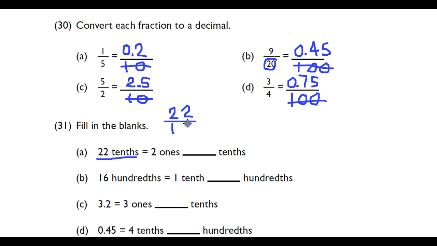Now convert this whole thing into decimal so that you can do this part easier. Right, decimal, put this dot over here. So it's actually 2.2. Now 22 tenths is 2.2 in decimal.